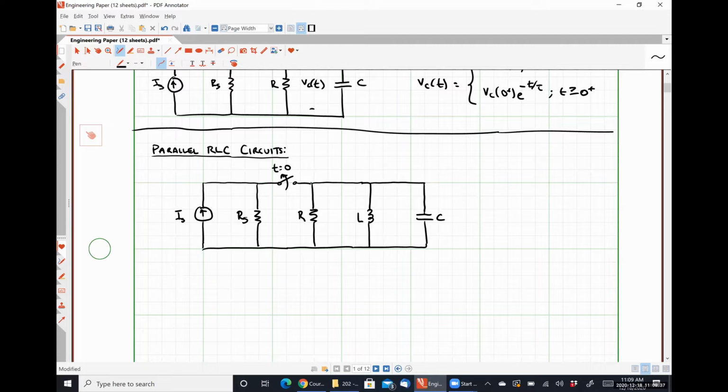So I am going to define a few figures of merit here. The first of which will be the voltage V of t.